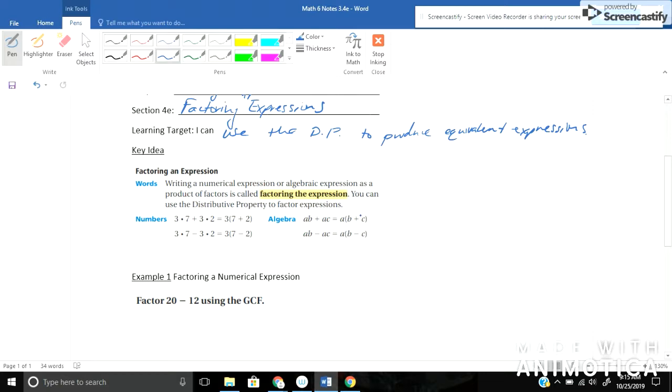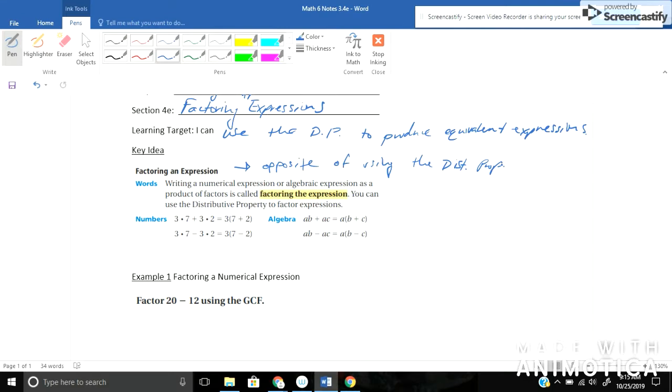So I really like to think of factoring an expression as kind of like the opposite of using the distributive property. You kind of are almost undoing the distributive property, if you will.